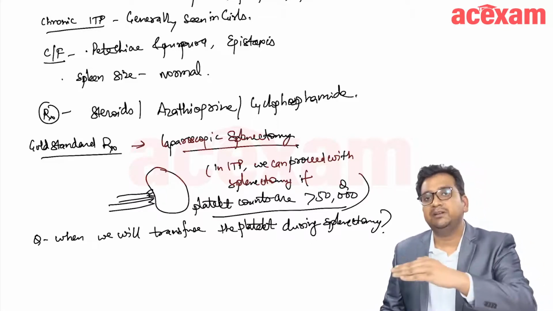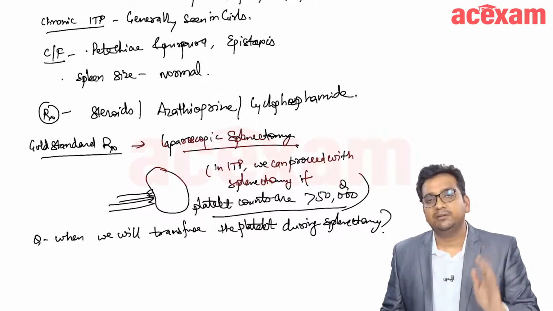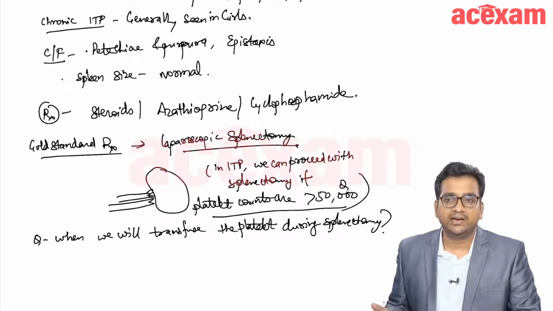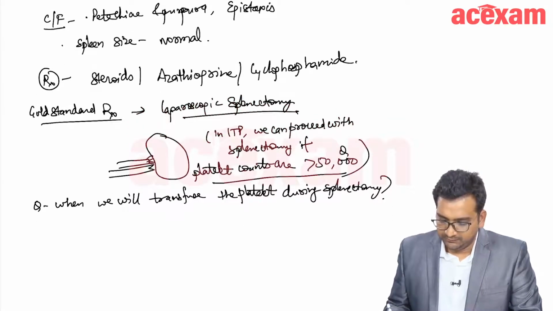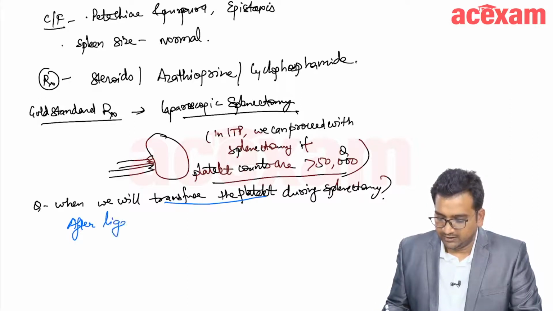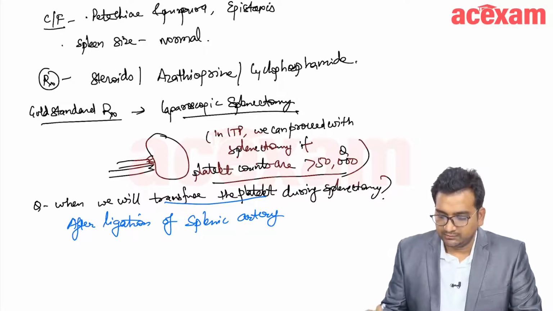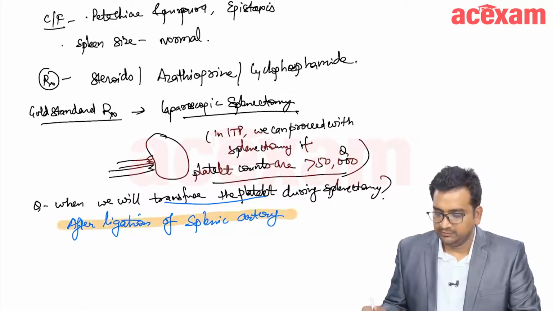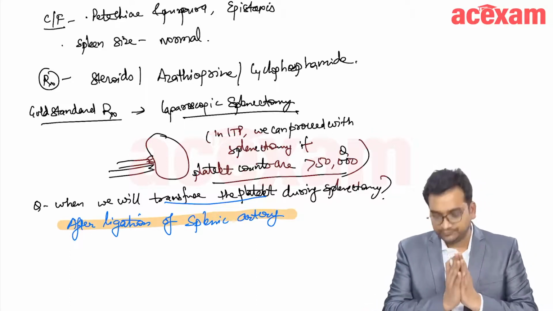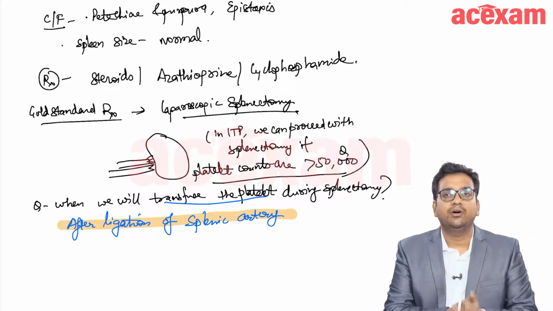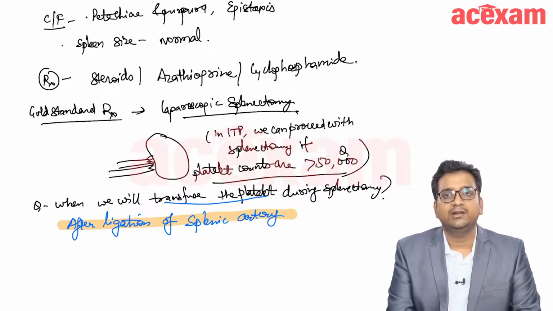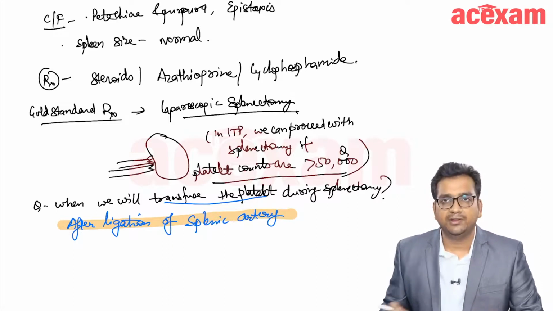Blood is going into the spleen via the splenic artery. So we will be giving platelets only after ligation of the splenic artery. Okay, so this is actually the most important line in the whole chapter: transfuse platelets after ligation of the splenic artery. This is very important.